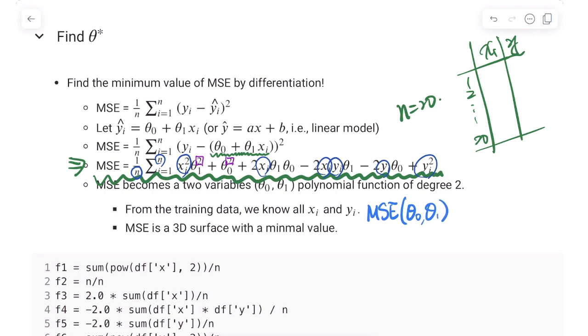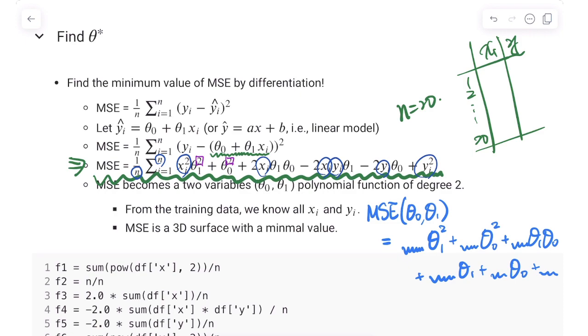It has several different factors: theta 0 squared plus something, theta 1 theta 0 plus something, theta 1 plus something, theta 0 plus something.